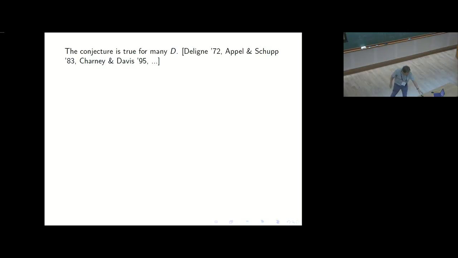And it was proved by Appel and Schupp that the K-pi-1 conjecture holds. Charney and Davis, more recently, in the Journal of the American Mathematical Society, proved a nice extension.